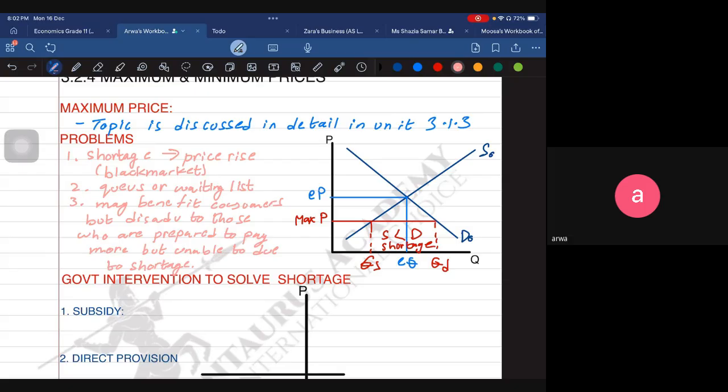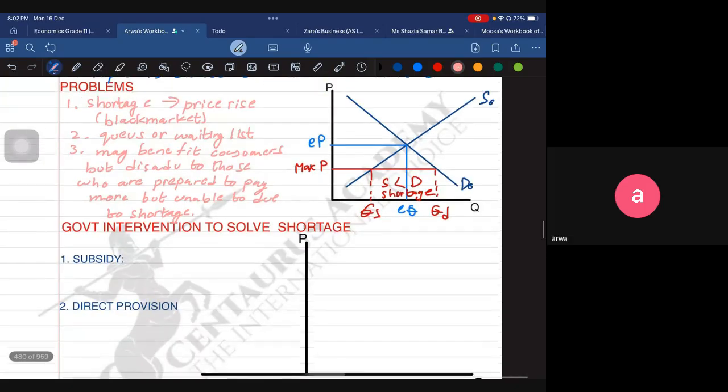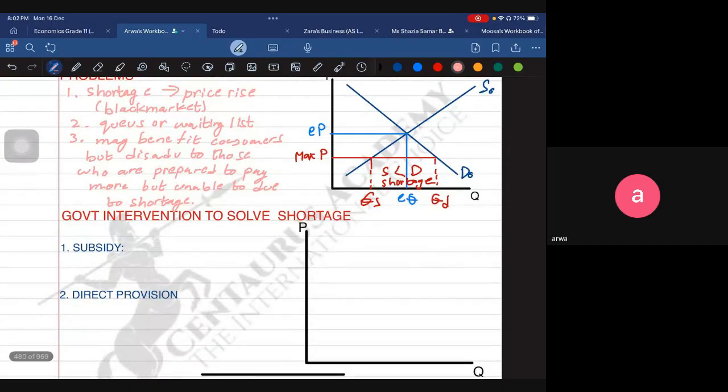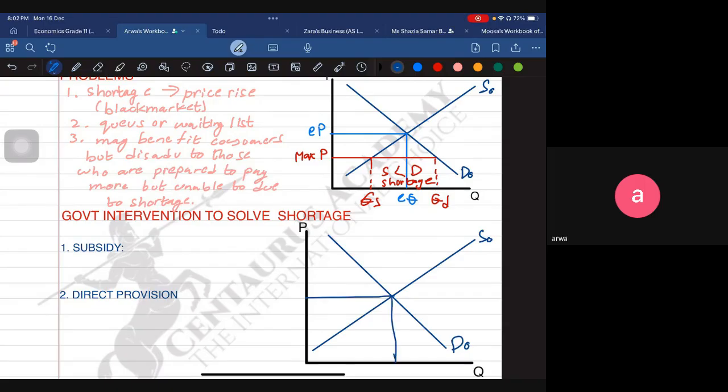Now, how is the government going to intervene to solve this shortage issue? That is through the subsidy. We have already studied the subsidy: if this is the demand curve and this is the supply curve, we have the original equilibrium price and equilibrium quantity.